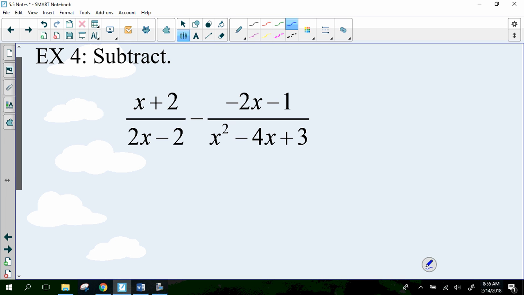Okay, I want you to factor both denominators. Factor both denominators.